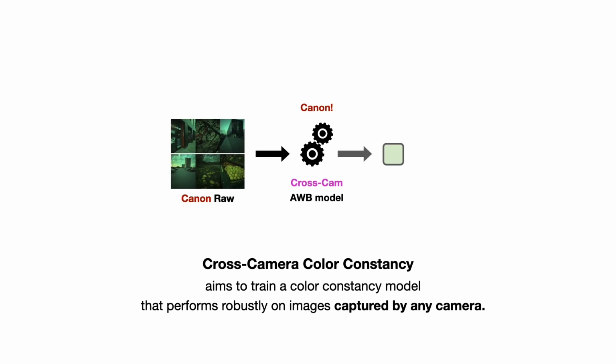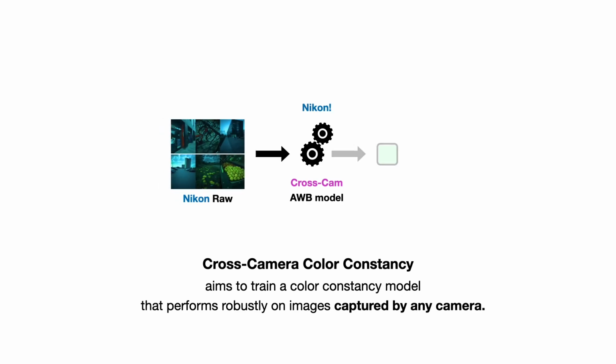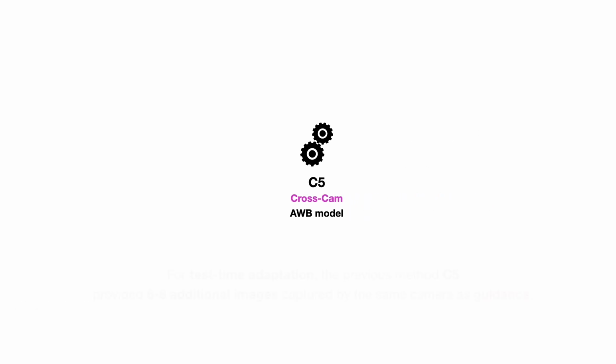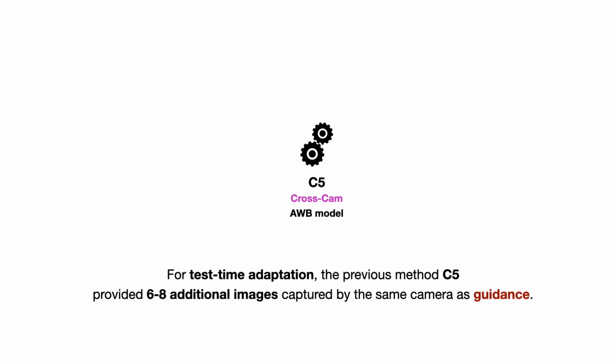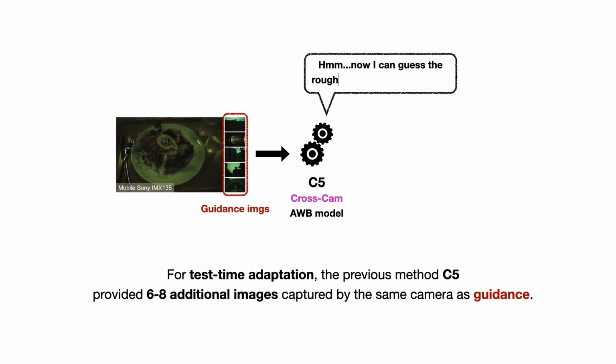Cross-camera color constancy aims to train a model that performs robustly on images captured by any camera, even those unseen during training. A previous approach called C5 tackled this by using 6 to 8 additional images captured by the same camera as guidance at training and test time.